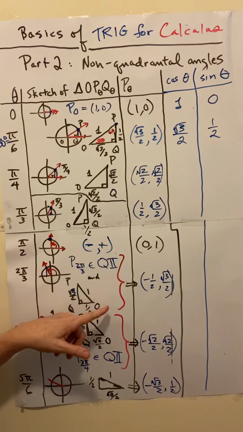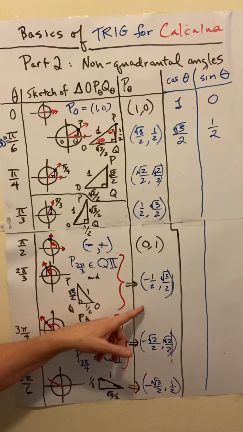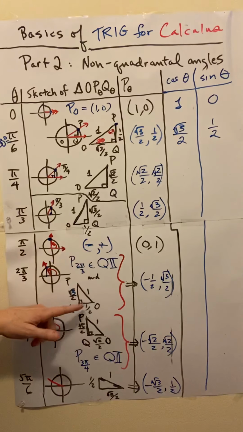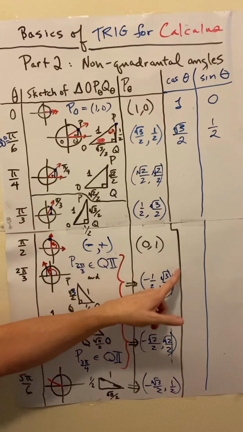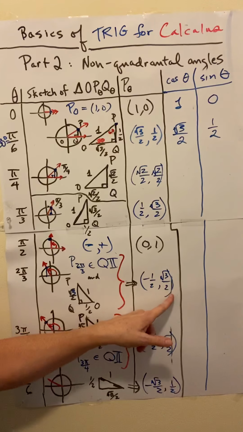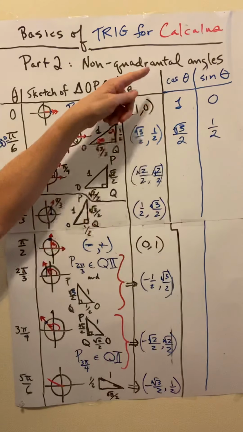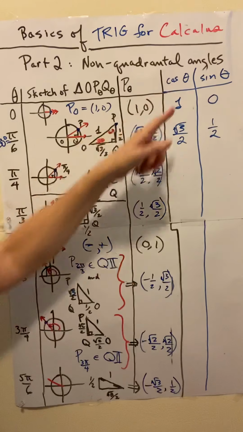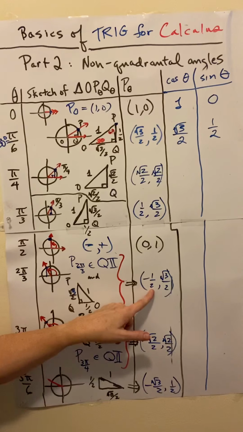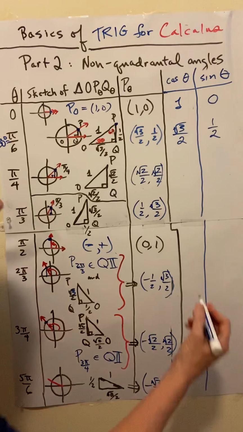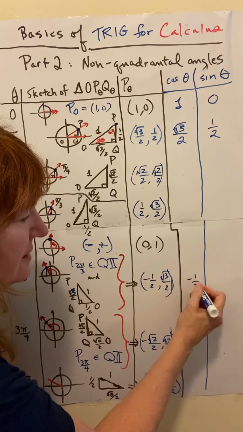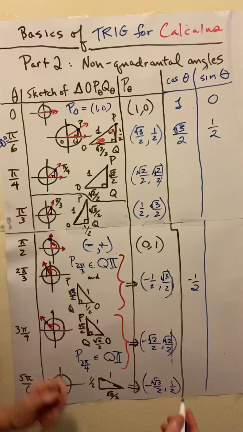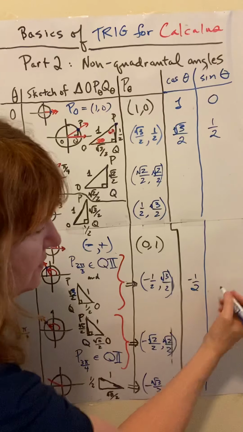Draw it in standard position, get the right reference triangle, remember what quadrant you're in, and there you go. You've got those coordinates, and therefore if you're using your definition of the cosine of an angle theta as always the x coordinate of P sub theta, then that's your answer for the cosine. There's your sine of 2 pi over 3. It's square root of 3 over 2.